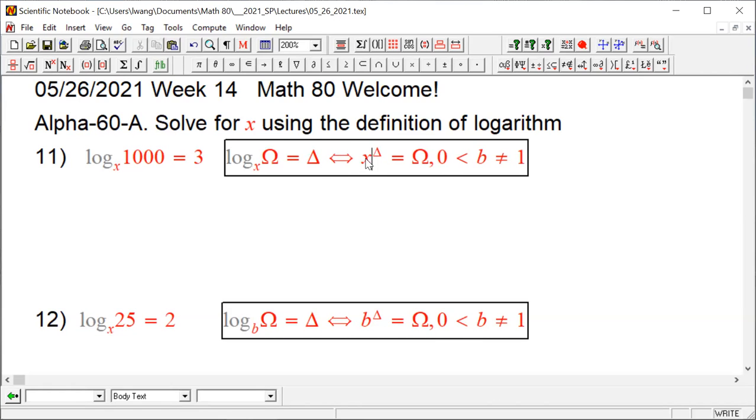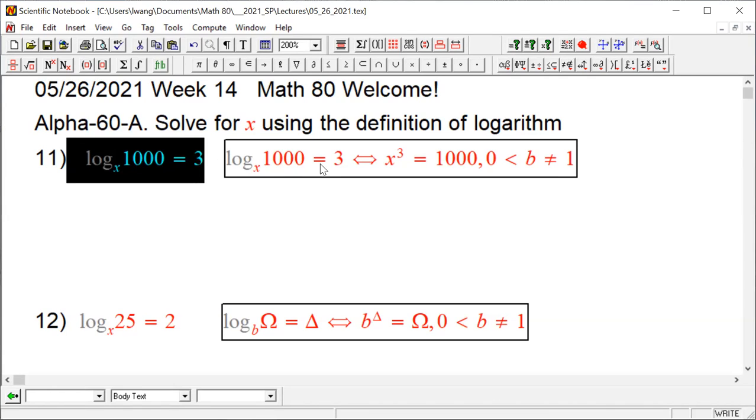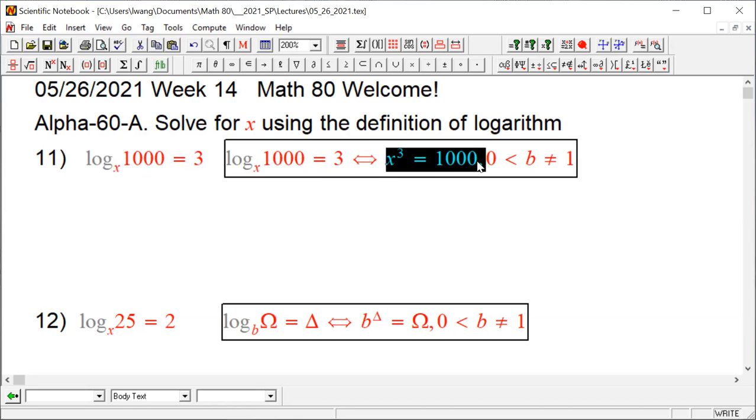Base is x. The quantity at the omega position is 1000. Triangle is 3. So if this is true, then we get x to the power 3 equals 1000.